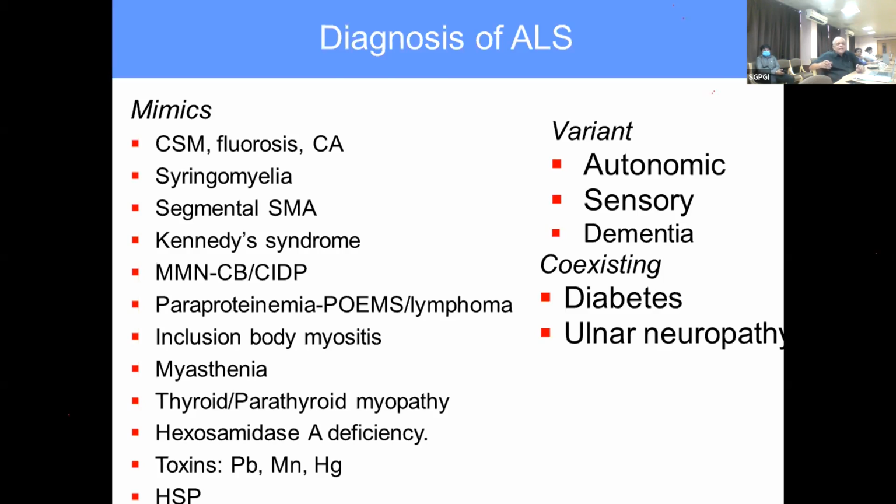We had one more case of bullet in the eye which we had sometime presented, but otherwise we will discuss it. And then hereditary spastic paraplegia, again primary lateral sclerosis, hereditary spastic paraplegia. So we have to, of course, think of autonomic abnormalities, sensory abnormalities, think of dementia, and we have to think of diabetes and ulnar neuropathy, which may be coexisting and confusing the issue. So that judgment has to be made.